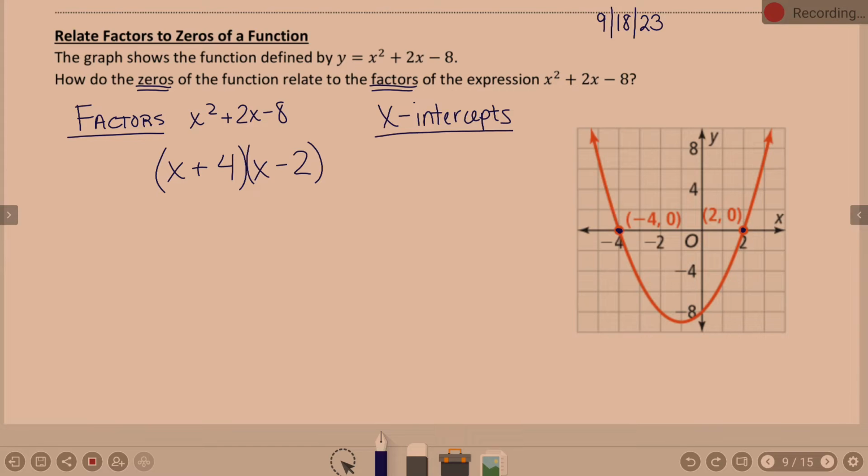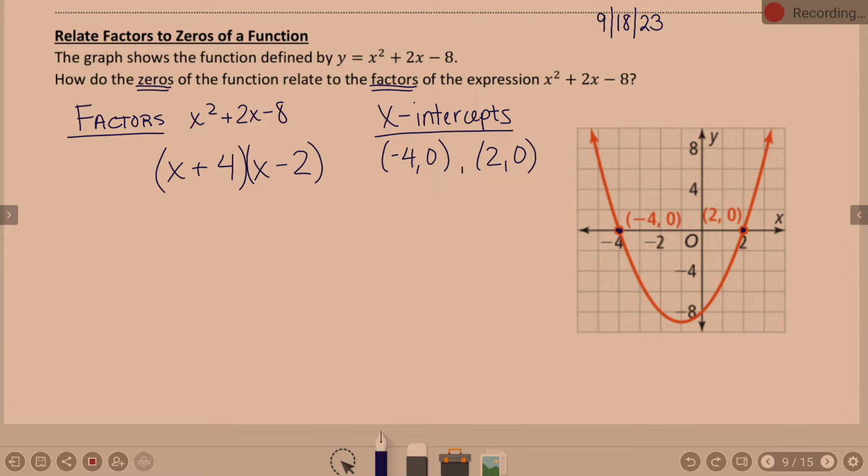So we have x-intercepts at -4, 0 and 2, 0. What's the connection here, guys? It's the same numbers as the factoring, but the signs are the opposite.